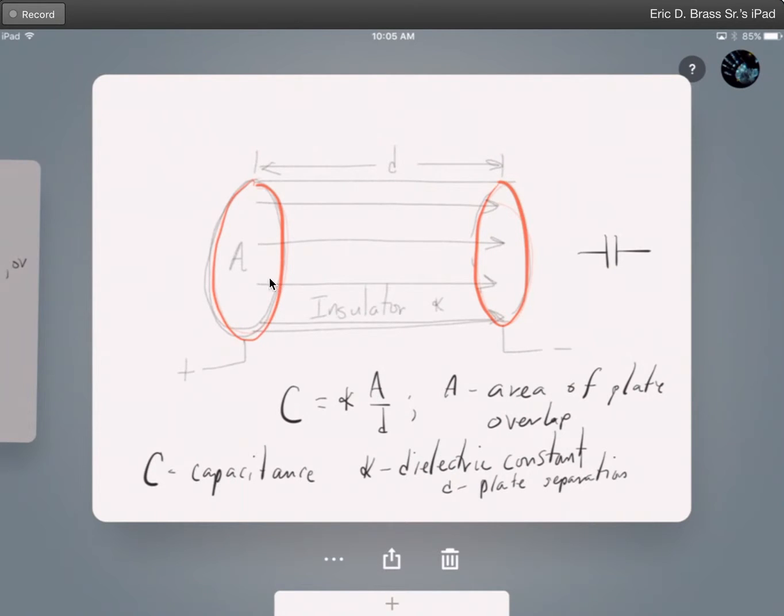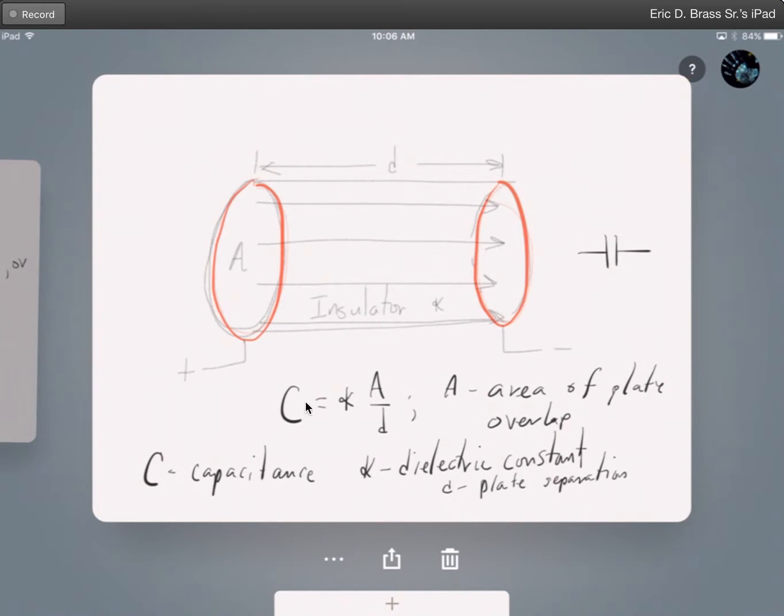And our area of overlap is how these two plates overlap one another. You could have them offset and thus they're not overlapped as well, and thus the capacitance will suffer. So there's a direct relationship here.